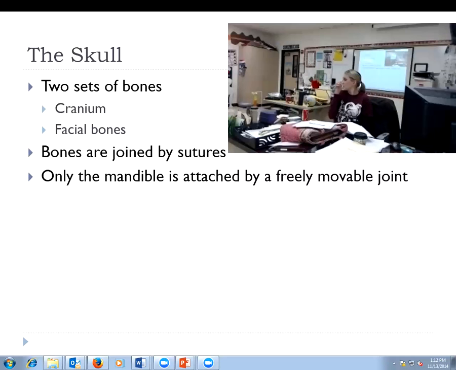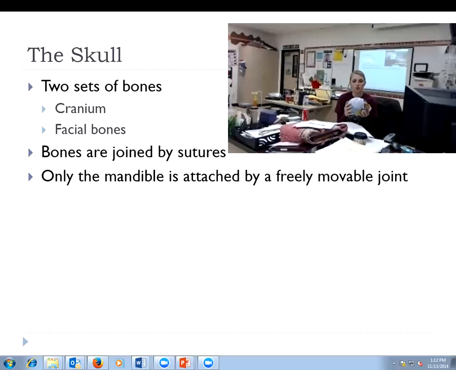Whenever you look at the skull, for example this one, I would really encourage you guys to pick this thing up and go through it and pick out what bones are what on here, okay? These squiggly lines are what shows you the sutures. Those are still joints.